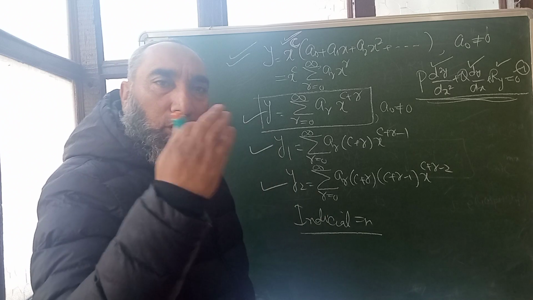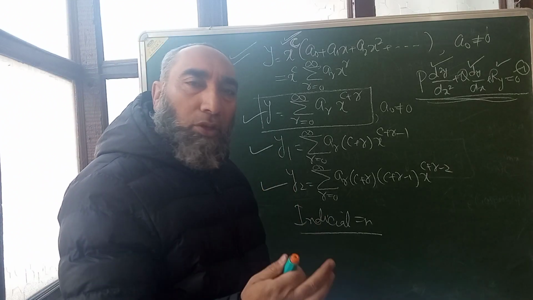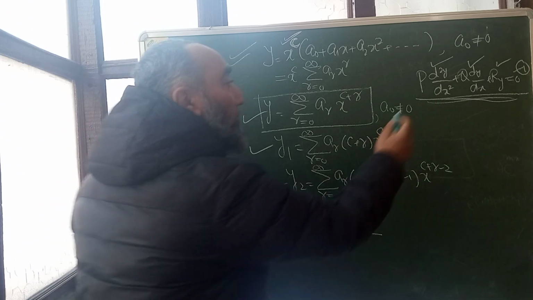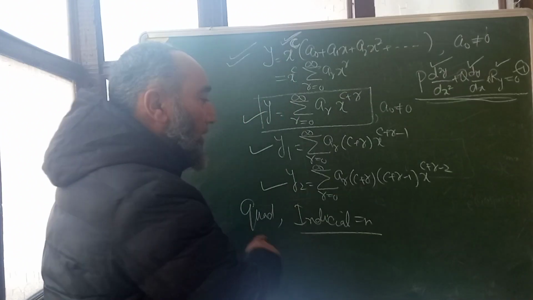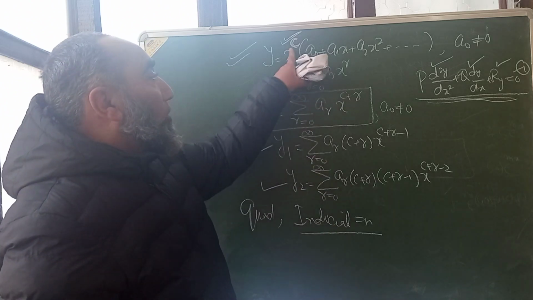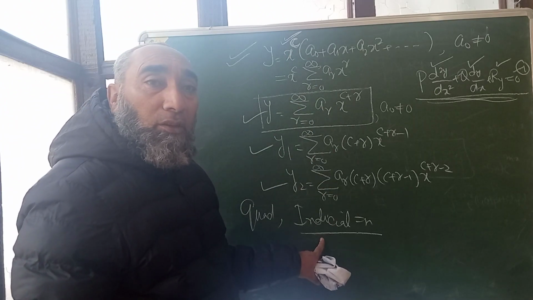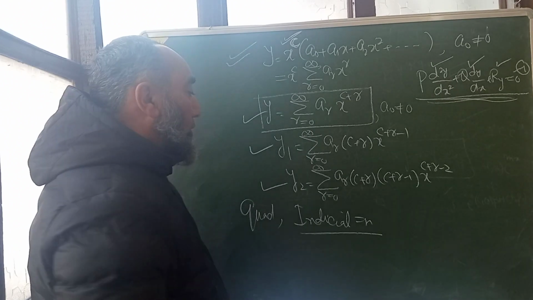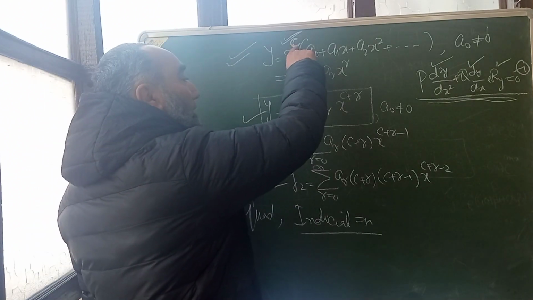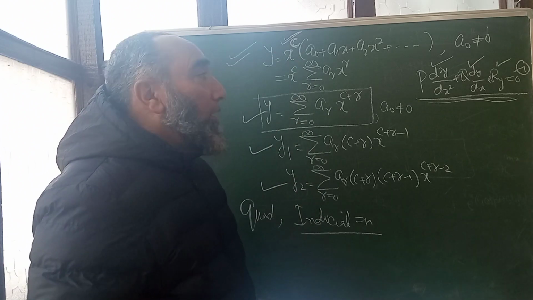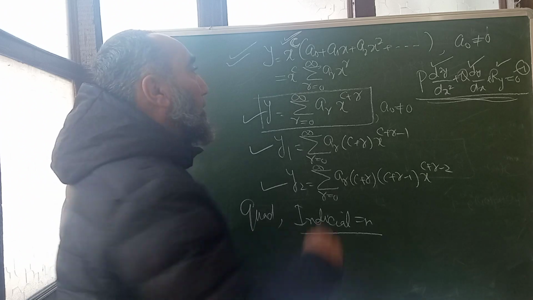The coefficient of the lowest degree term, when equated to 0, gives us a quadratic. Always, because this is a second order differential equation, we will always get a quadratic. That is known as the indicial equation. Since this is a quadratic, two roots will be there. Those two roots give us the index c. This is known as the indicial equation because the index is involved and we get values of c.